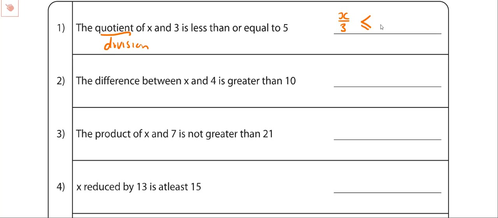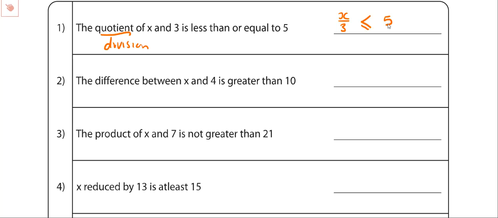That means less than or equal to. So whatever value of x I choose, it's not as simple as saying x has to be less than 5. You're saying x divided by 3 has to be less than or equal to 5.